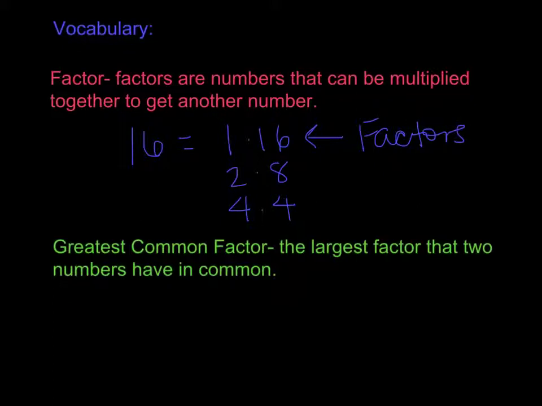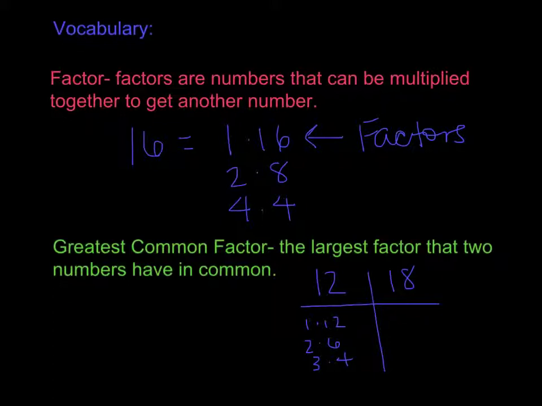The greatest common factor is the largest factor that two numbers have in common. This is specifically what we've been doing on our sponge the last week. If I asked you what is the greatest common factor of 12 and 18, you could say that the factors of 12 are 1 and 12, 2 and 6, and 3 and 4.